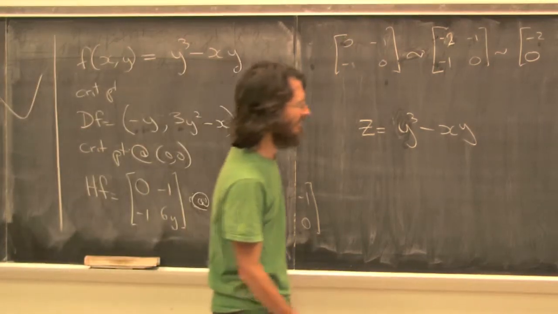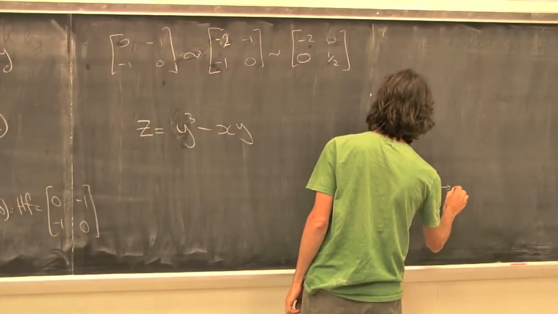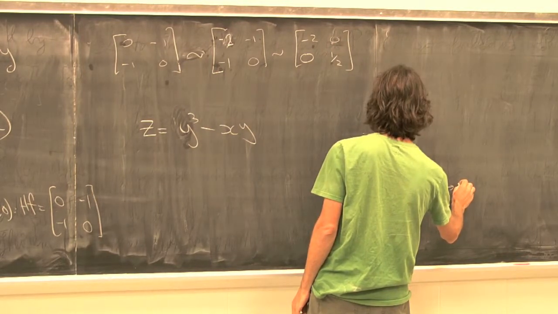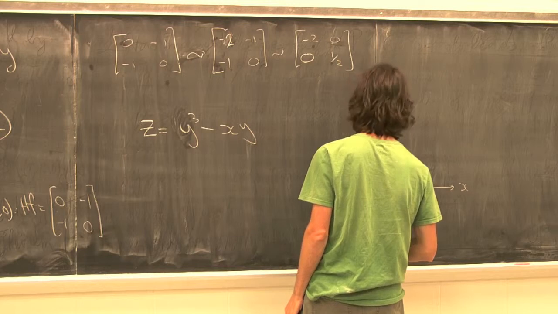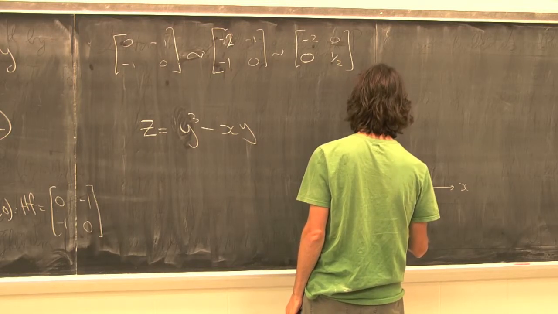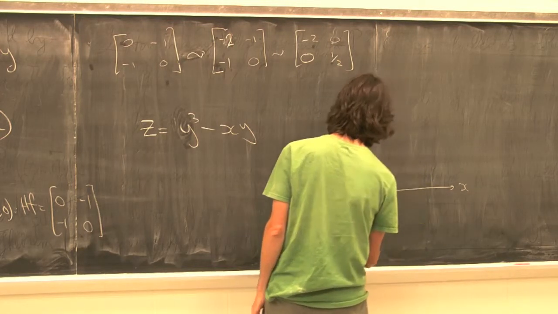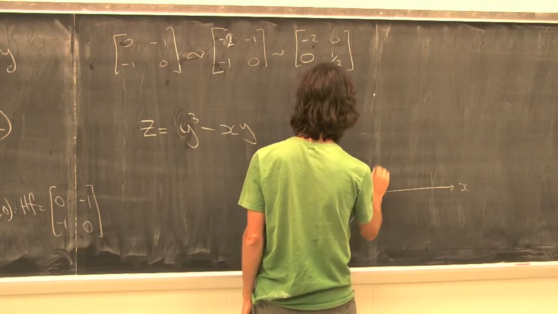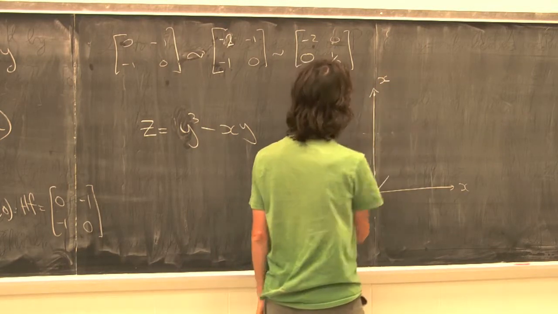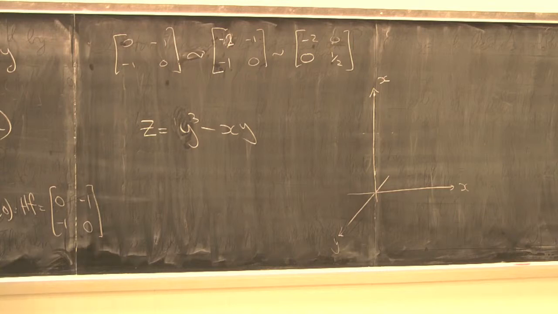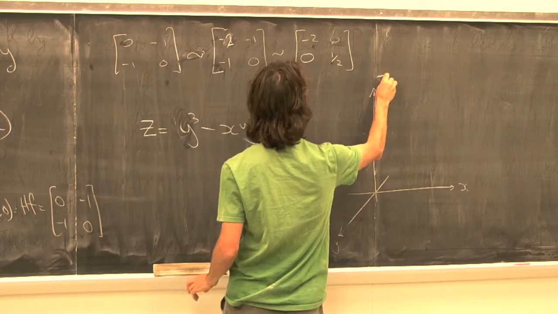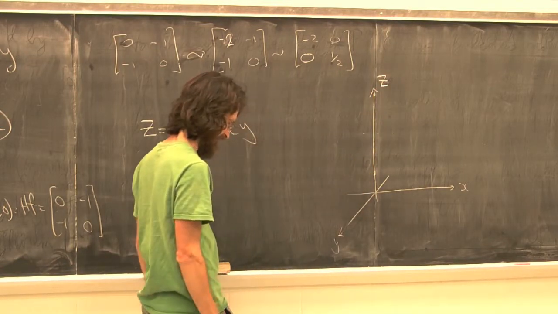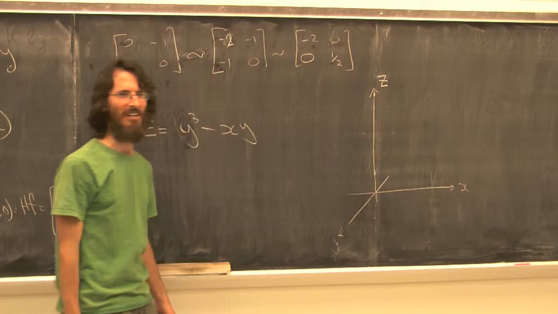So let's try to sketch this out. x is going to go to the right, z is going to go up. It's not a right-handed coordinate system, but I don't care.